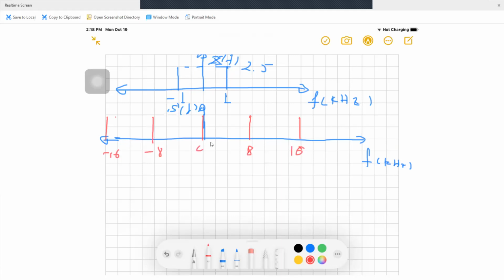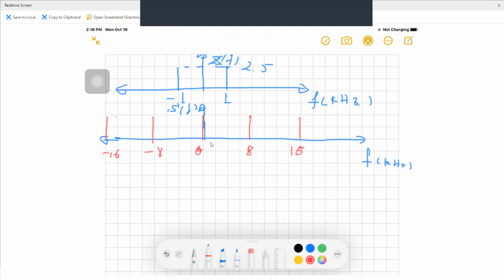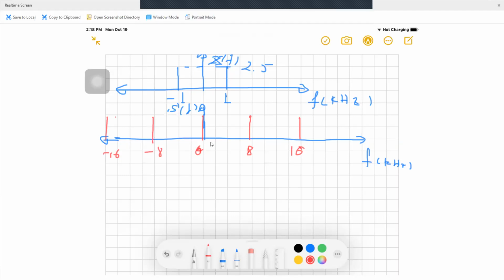Now look, why am I going to sketch the S of f up to 16? The requirement of the problem talks about drawing the spectrum from 0 to 20 kilohertz, no more. So all we need is 0, 8, and 16. These are the sampling frequencies.